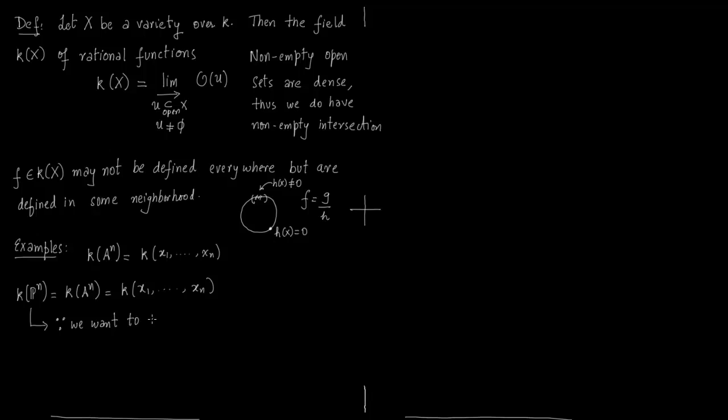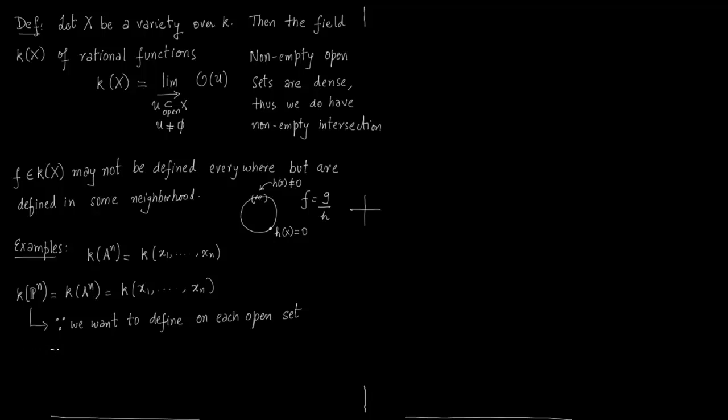So we want to define on each open set. See, you have the definition, you have the direct limit over every open set, and as I said before, k of X can also be considered as fractions of O of U for all open sets.